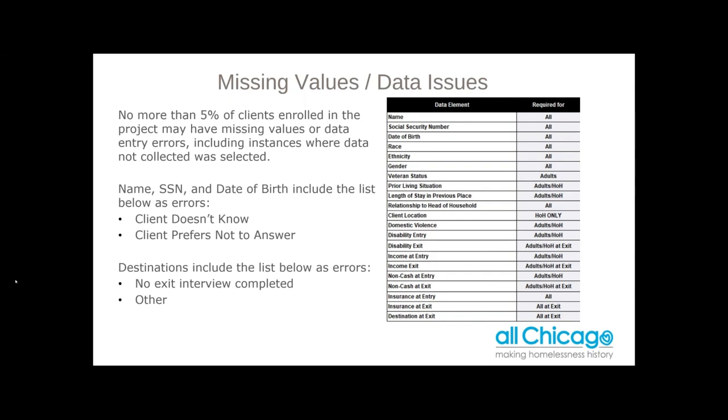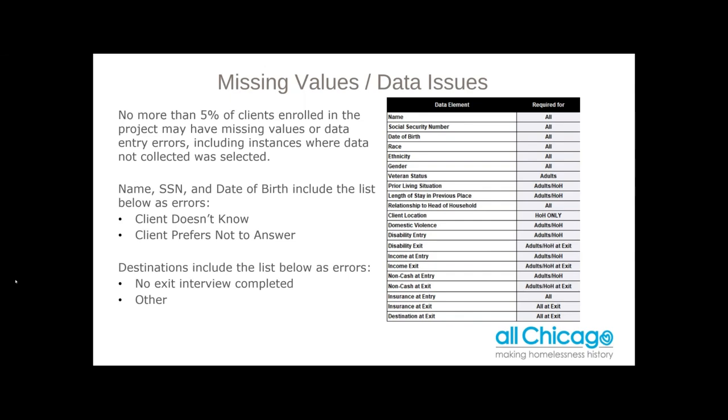It's all based on the cumulative total of who's going to pull in under the required for column. For social security number, it's looking at all the clients. So if you're missing data for one of the clients, that's only applicable to that one data element. It's not going to make an error for the entire list of data elements for the client.